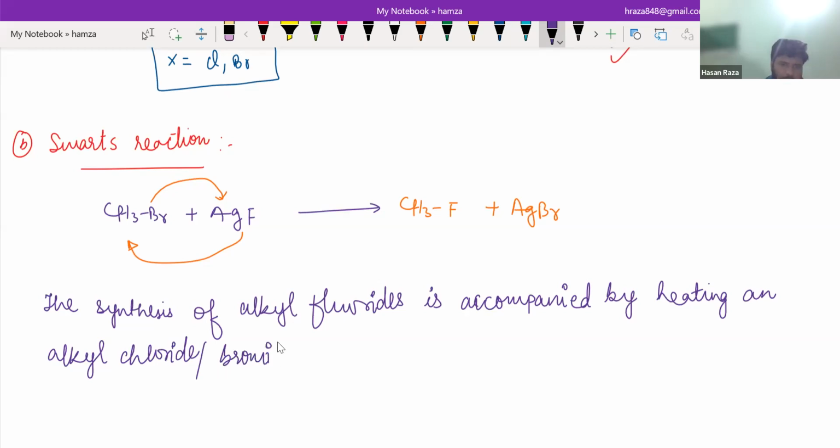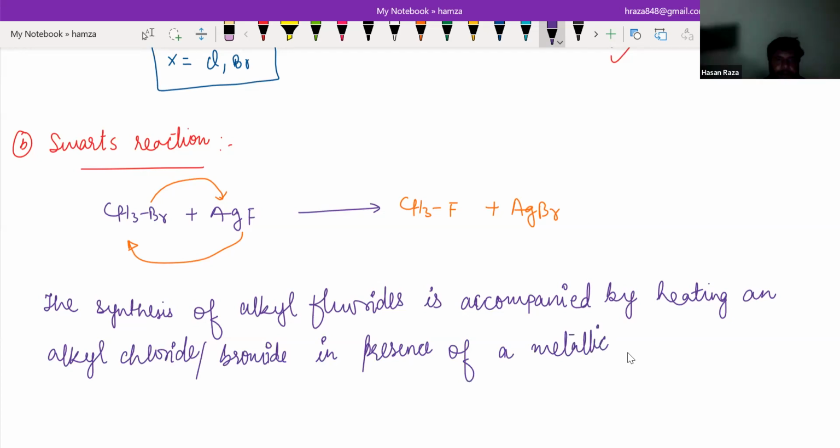This is also for chlorine and bromine. There will be halogen exchange with fluorine in presence of a metallic fluoride.